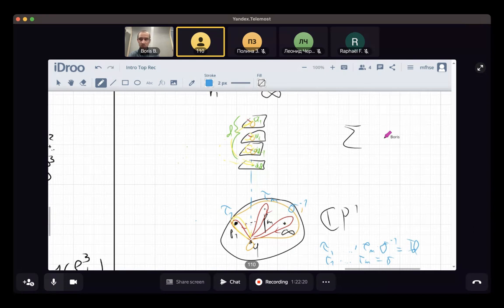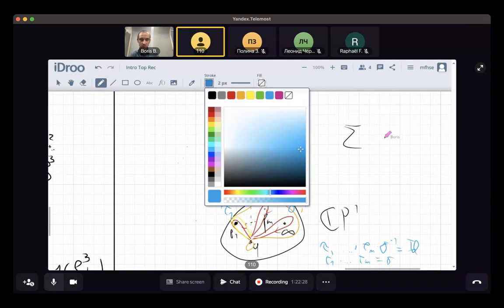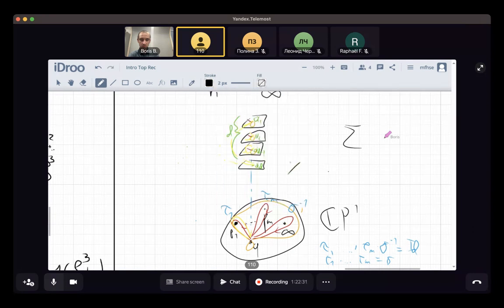Over the infinity, you have also those sheets intersecting, like mu_1, mu_2, and so on, mu_n.